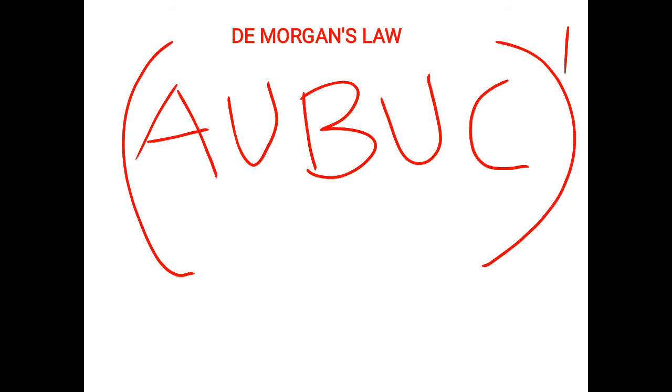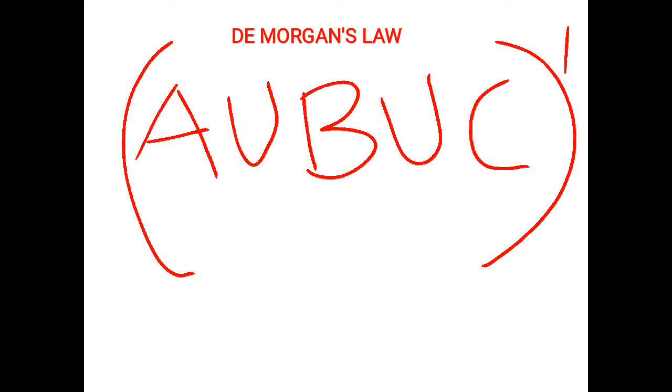So with that one, the complement comes out after we have put everything in parentheses. Meaning, if we want to make it union, we put everything into parentheses and then the complement comes out.